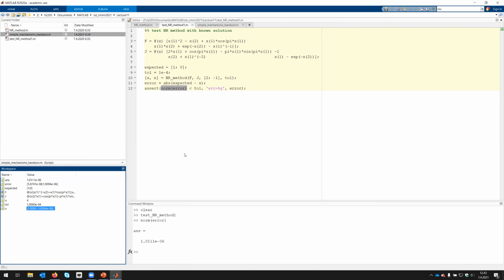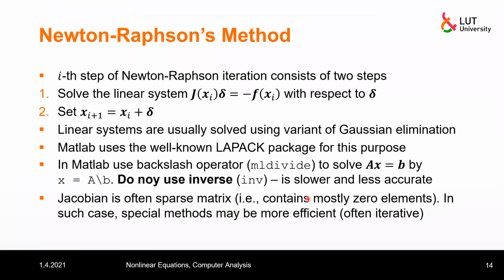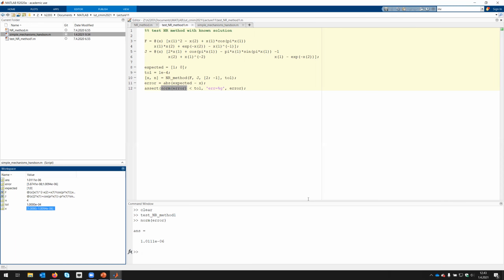Okay, so this is the way it works. And of course, MATLAB is designed for matrices, so that's why we were able to write this whole method quite easily. In practice, despite this method being very simple, it is often used.